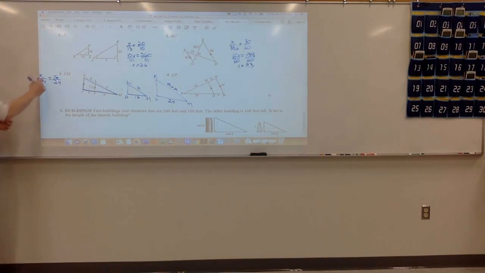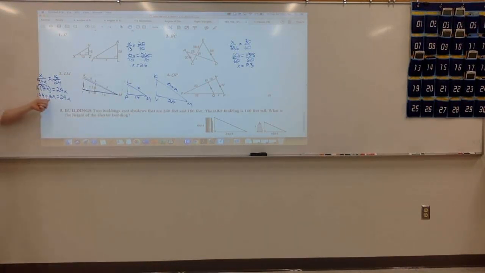Since I'm going to have to distribute, I'm going to write this out as 16 times 9 plus x, and on this side, I'll just have 24x. If I distribute over here, 16 times 9 is 144, and 16 times x is just 16x.